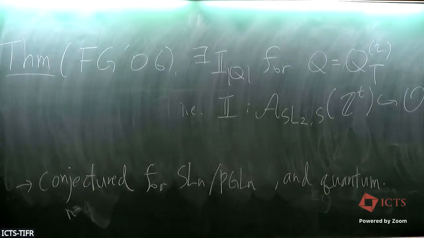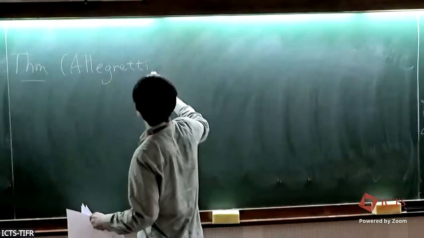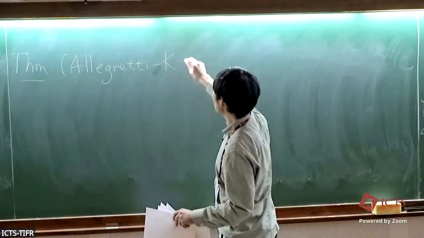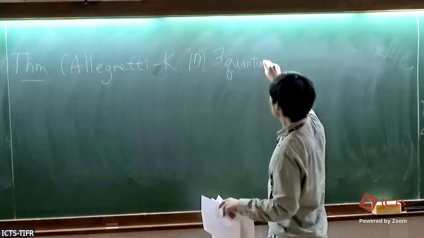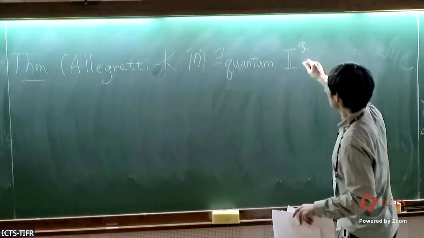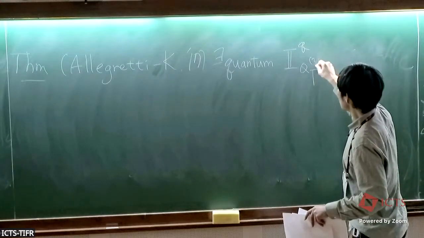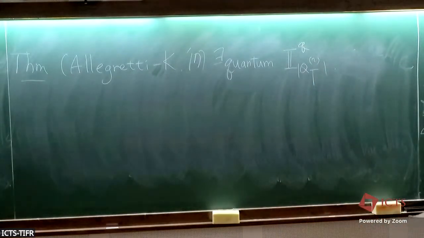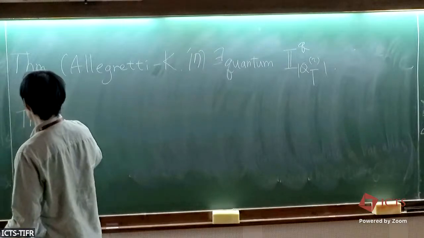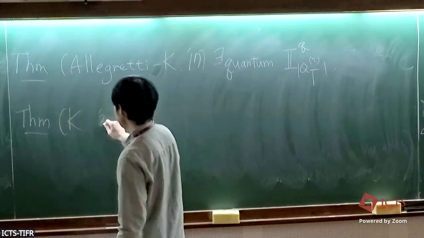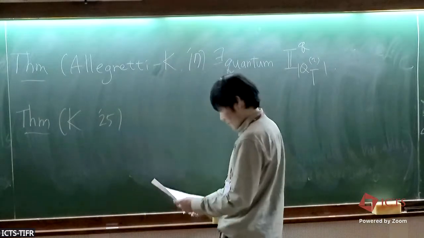One theorem that I obtained some time ago with Dylan Allegretti, who was a student of Goncharov, is that we showed how to quantize Fock and Goncharov's SL2, PGL2 duality map. And then more recently, I did it for 1 rank higher. So this is recent. This is going to be published somewhere this year.